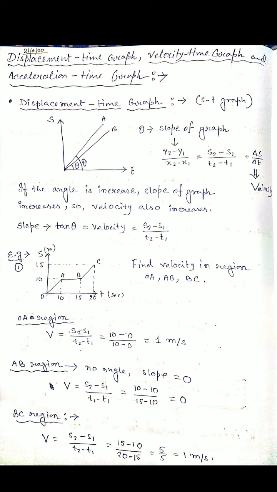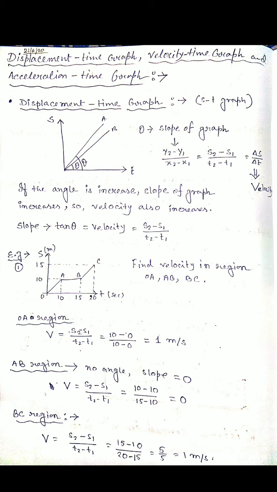Now you see that the angle theta is larger in the case of A and smaller in the case of B, if we compare theta for the two particles A and B. So if the angle increases, then what happens? Velocity also increases, because this ratio del s by del t also increases.